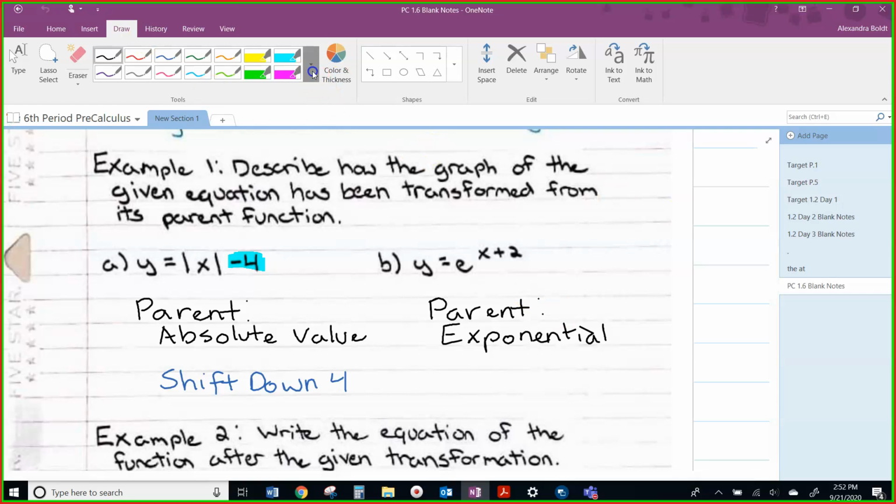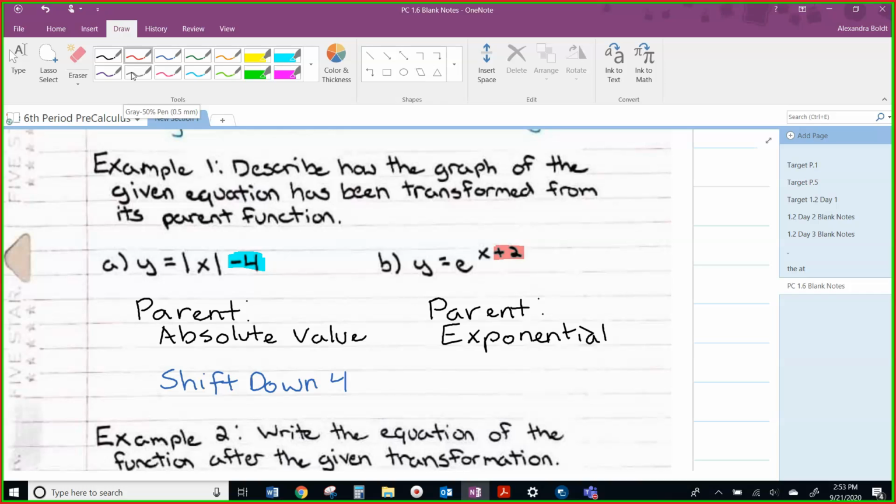And then how is this moving? Well, we have this plus 2. We want to think about what that plus 2 is doing there. The plus 2 is part of my exponent as well, so you can think of it as being inside your function.